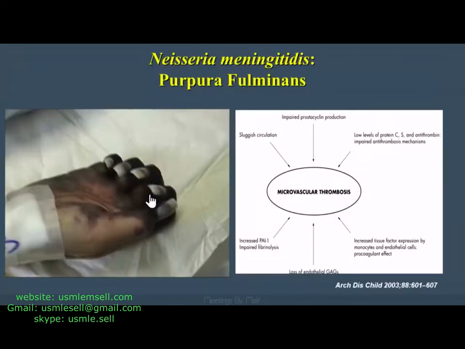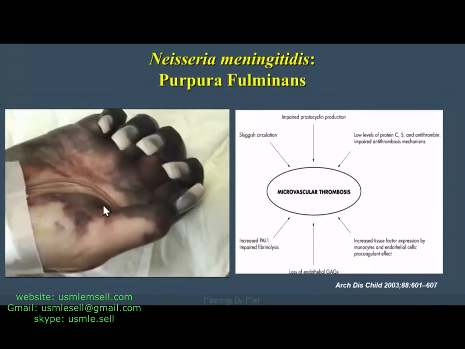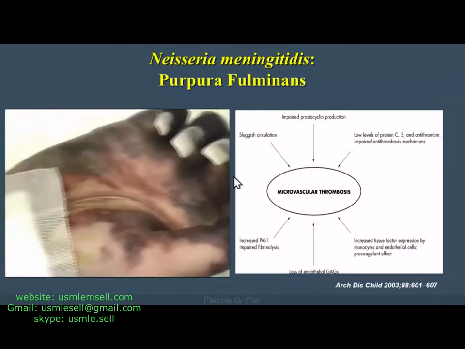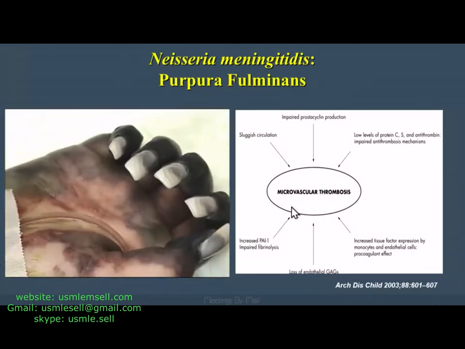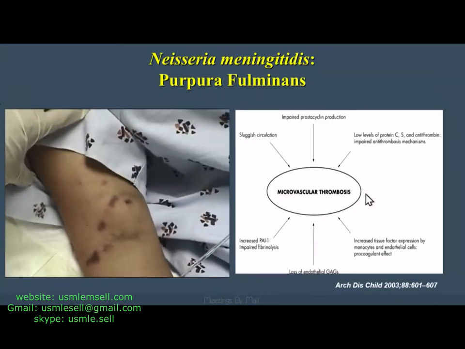And the second one, though, that I want to spend a little more time on that hopefully is relevant to you as neurologists is Neisseria meningitis. Purpura fulminans is one of the questions we had, but this is a patient with purpura fulminans, which is a microvascular thrombotic disorder.